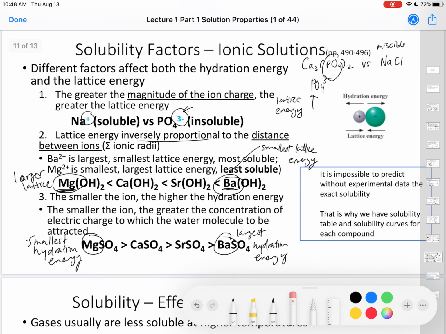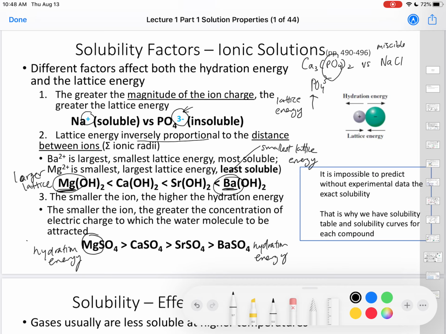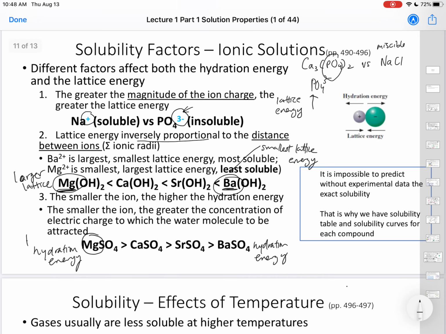Sorry, I've mixed that up. The smaller it is, the higher the hydration energy.